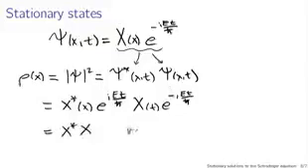There's now no time dependence here, which means the probability density does not change as time evolves. So that's one interpretation of one meaning of these things being called stationary states. The fact that I can write a wave function as a product like this, and the only time dependence comes in a simple complex exponential, means that the time dependence drops out when I find the probability distribution.